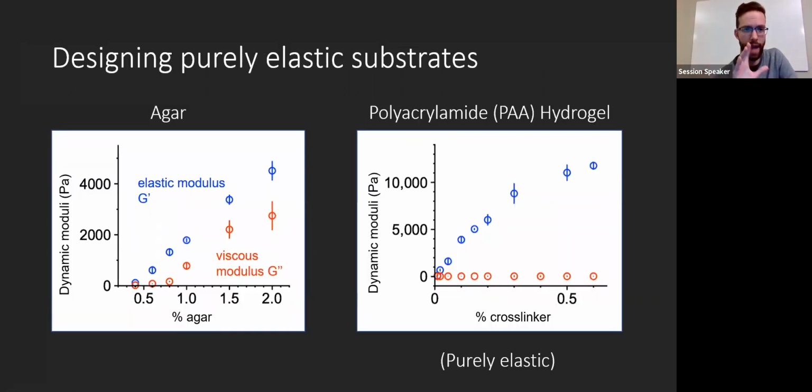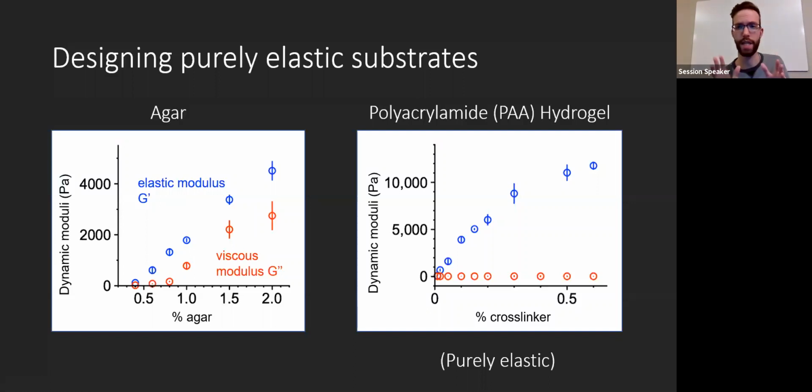Now, going back to agar, as we increase the agar concentration, not only does the stiffness, the elastic modulus G prime, increase with agar concentration, we also have more viscous dissipation of energy. That's a viscoelastic property of agar. So there's a lot of variables that are changing with agar concentration.